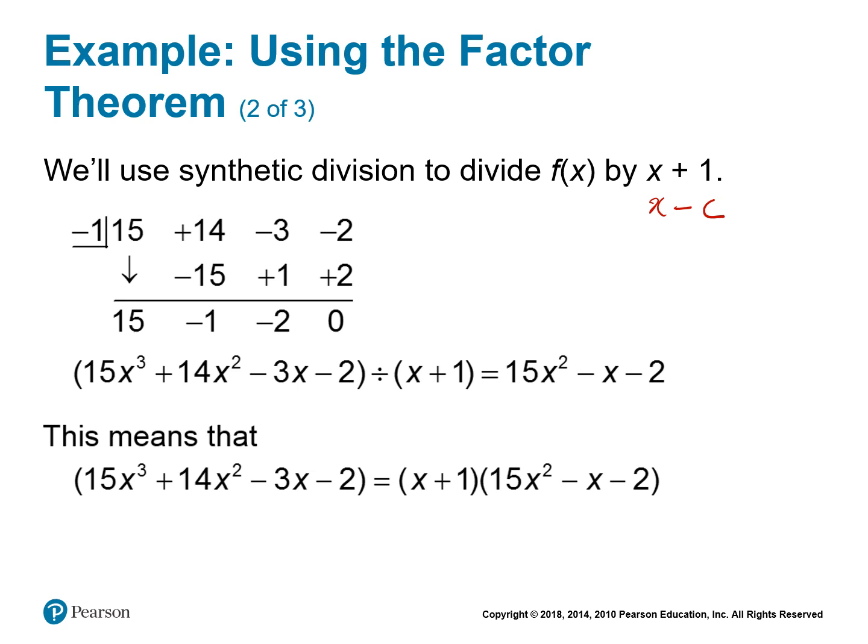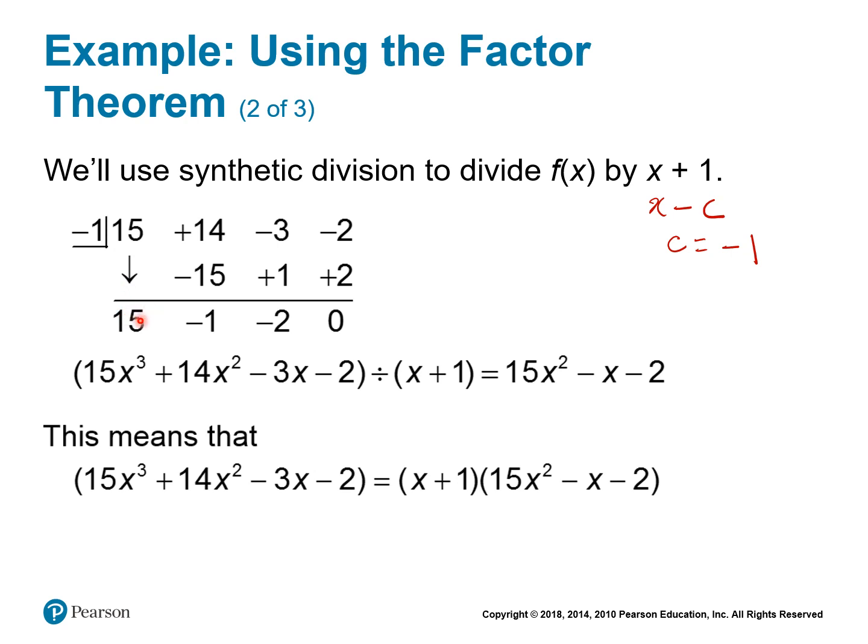If we rewrite x plus 1 in the x minus c form, we will get c equals negative 1, and that's what they have here on the left hand side of the synthetic division notation. So 15, 14, minus 3 and minus 2 are the coefficients of the dividend. We write them down, and then we start the process.